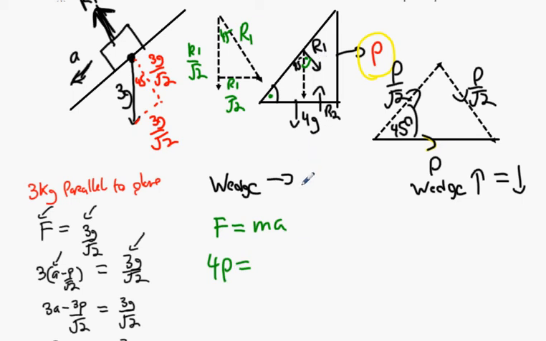Now, if we were to do wedge up and down, what could you tell me would happen here? Otherwise known as statics, okay? So forces up equals forces down. I'd say that R2 would equal what, guys? 4G going down. What else goes down? R1 over root 2.